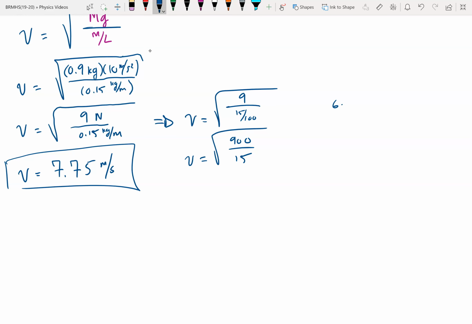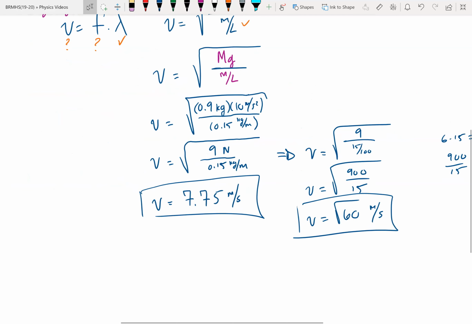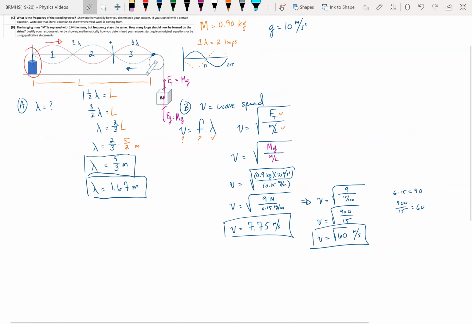Well, 6 times 15 is 90, right? All right, so 900 over 15 is 60. So the velocity is the square root of 60 meters per second. Kaboom! So there's an exact answer. Either way is fine. Make sure you keep the units. Box the answer, please, to make it clear.